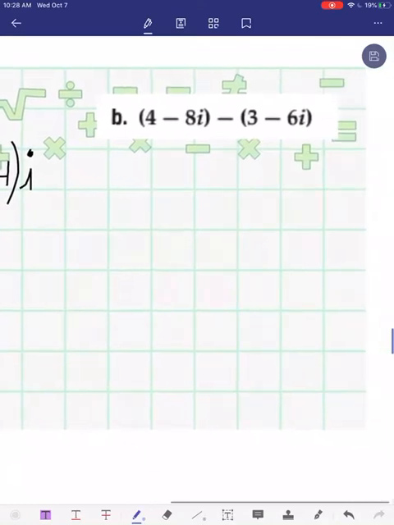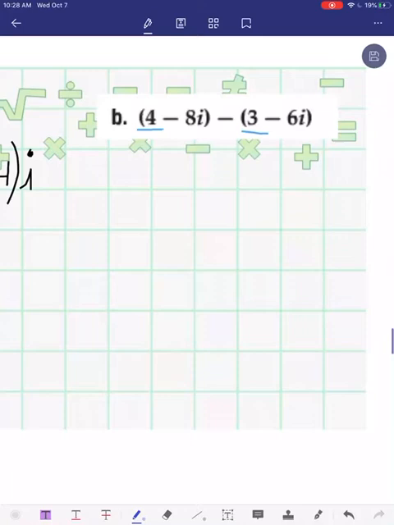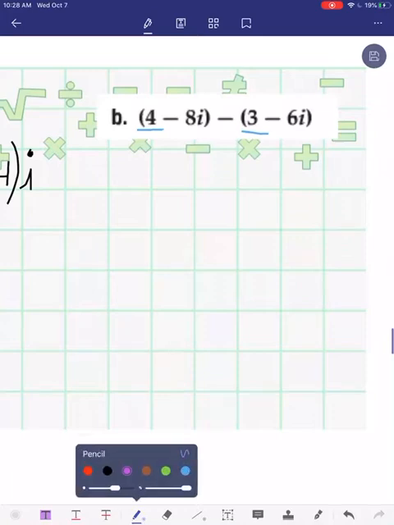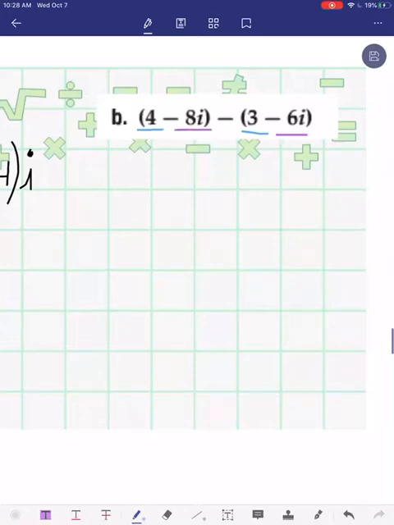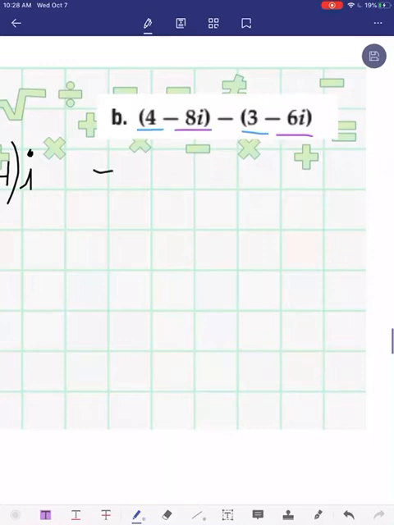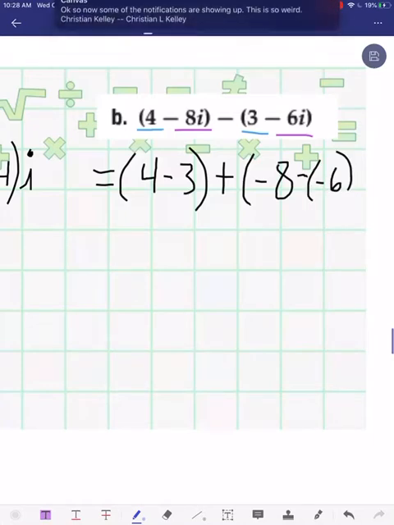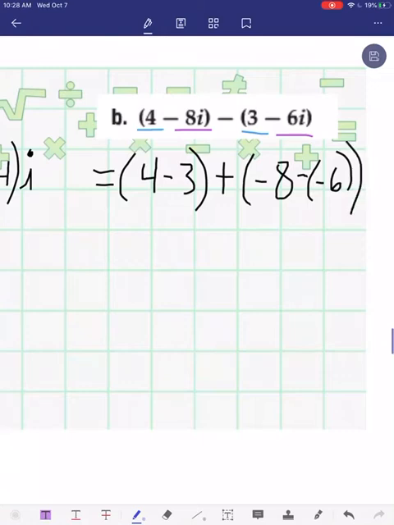So again, looking at our real parts, which is going to be 4 and 3, and our imaginary part, which is going to be -8i and -6i. And again, combining those, we will have 4 minus 3, and then a -8 minus a -6, times i.